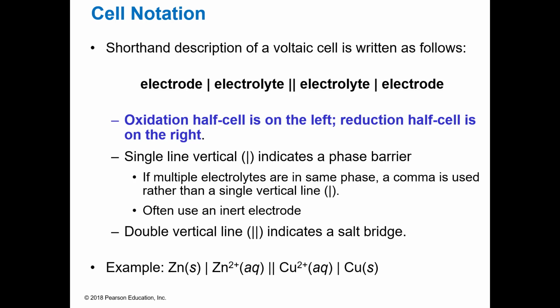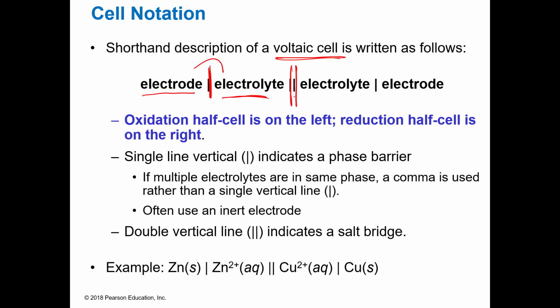So when we are communicating the type of cell we have, or if I want you to make a certain type of cell, we have a shorthand. And remember, we're talking about voltaic cells. We're still not adding any electricity to anything, okay? We're making our own electricity. So you have whatever the electrode is and a bar showing that it's separate. Then the electrolyte that is with this electrode, they go together.